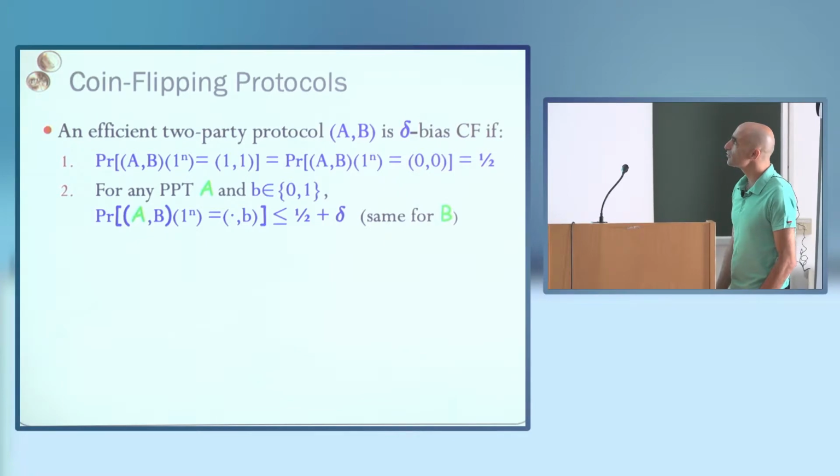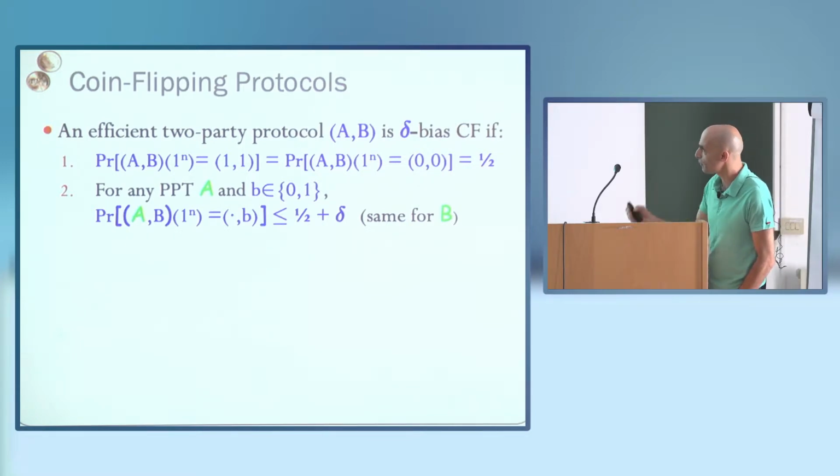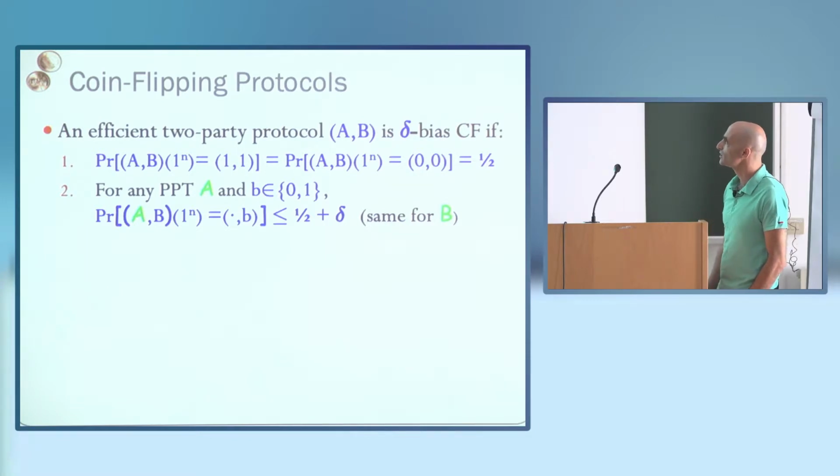And even in the face of a probabilistic polynomial time adversary, the adversary cannot bias the output, cannot cause the probability of the output of the honest party to be any bit b by more than 1/2 plus delta.